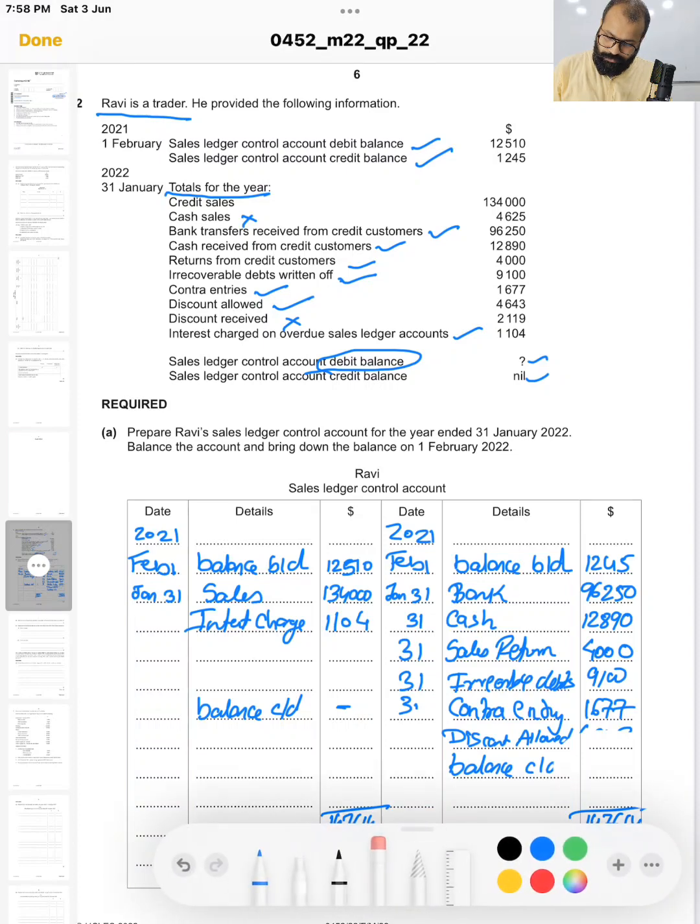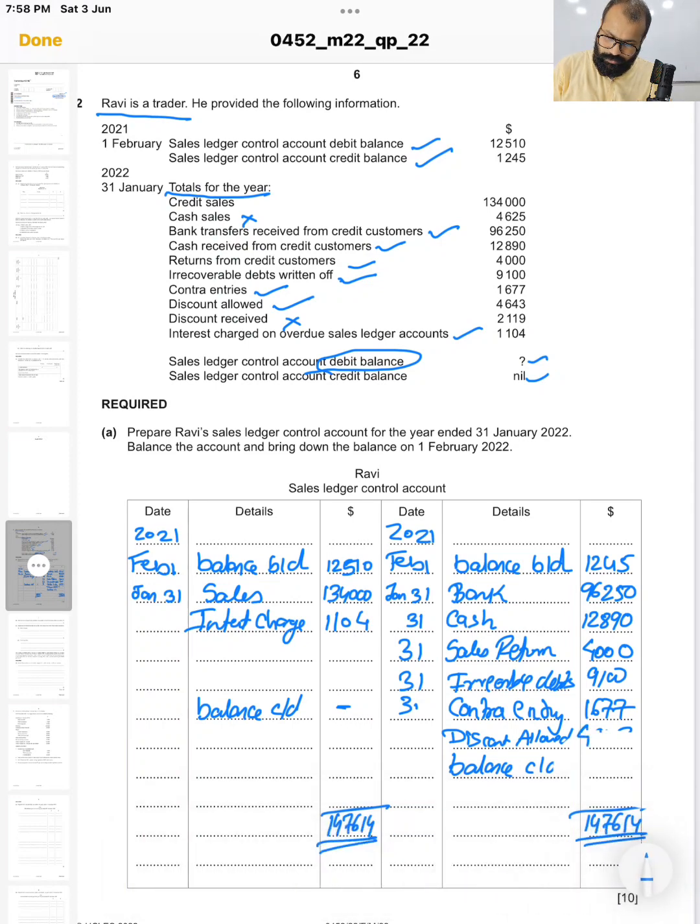Okay, sorry. So the discount amount was how much? The discount was 4643. And the difference I got is 17809. So this is finally the total amount you will receive from your debtors. This is the closing amount you are supposed to receive.